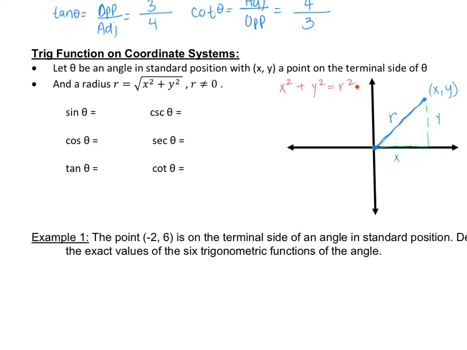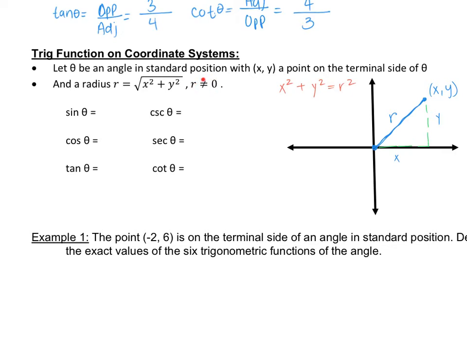So this might look very familiar because it looks like the Pythagorean theorem, and it is. Essentially what it's saying is if you take the two legs and square them, it should be equal to the radius squared. This is me using different variables to represent the Pythagorean theorem, because now we're on a coordinate system, so we need to consider the x, the y, and the radius.